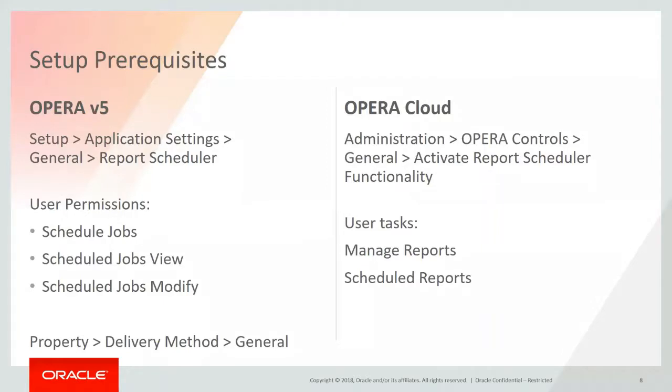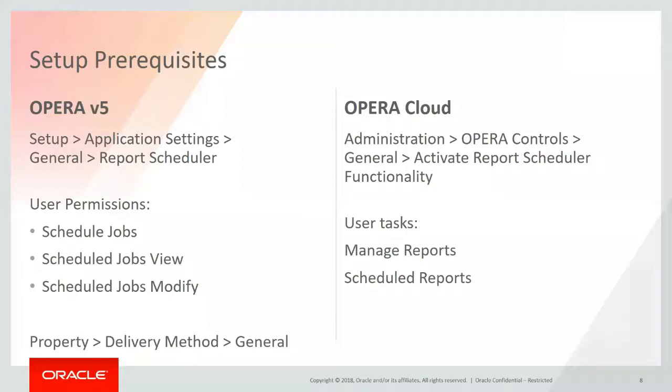If you're on Opera Cloud, then we're talking about Administration, Opera Controls, and Activate Report Scheduler. This activates the report scheduler functionality. In this case, that needs to be turned on. Furthermore, the user will need to have the following tasks attached to be able to manage reports and to manage scheduled reports. Those are the names of the tasks on the screen.